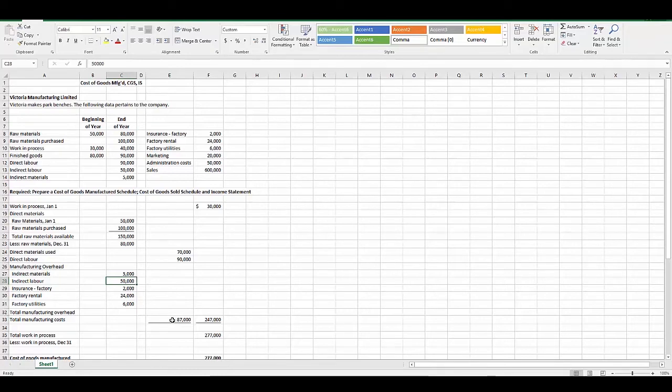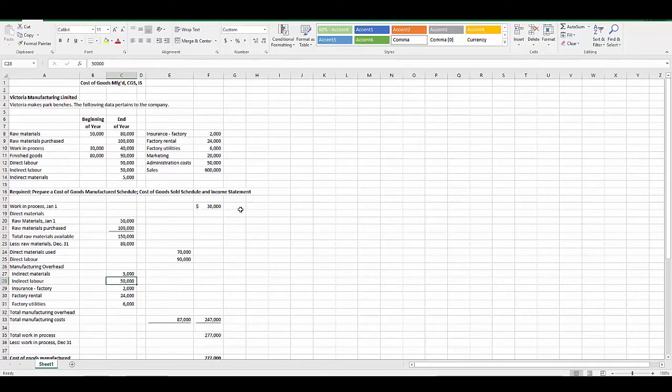So what you're going to do next is add together the materials that you used during the year, plus your direct labor, plus your overhead. Those three will add up to $247,000. So that's the manufacturing cost you've incurred.